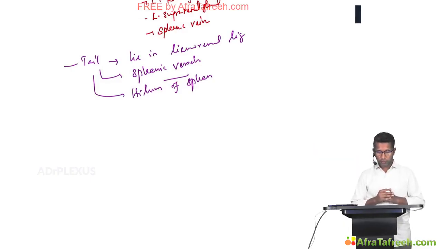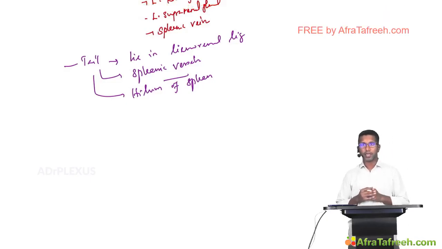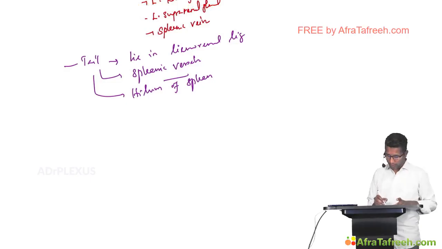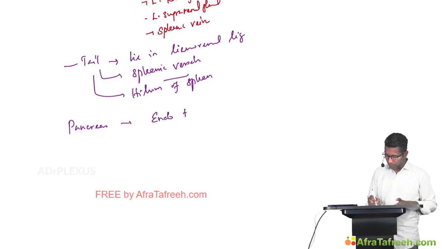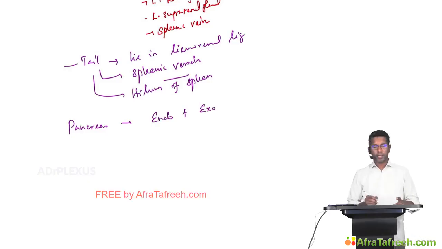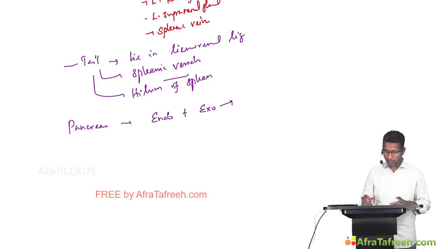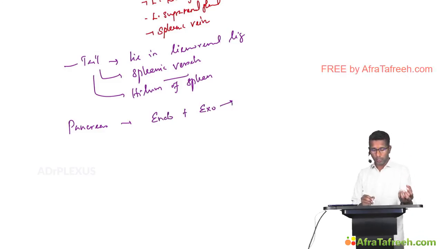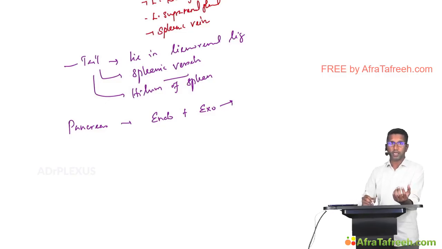The pancreas is an endocrine cum exocrine organ, a combination of an endocrine plus an exocrine organ. I hope you know what the exocrine part is called: the main ductular systems, which secrete the pancreatic enzymes and pancreatic juices.